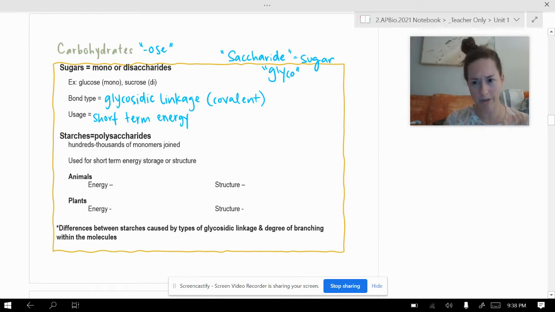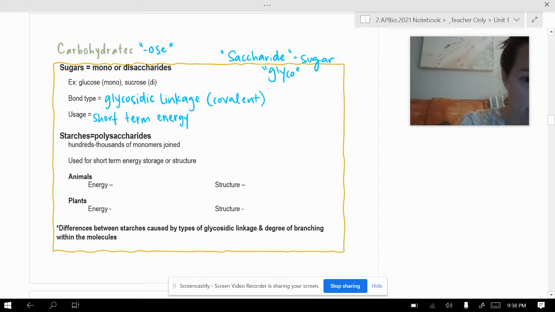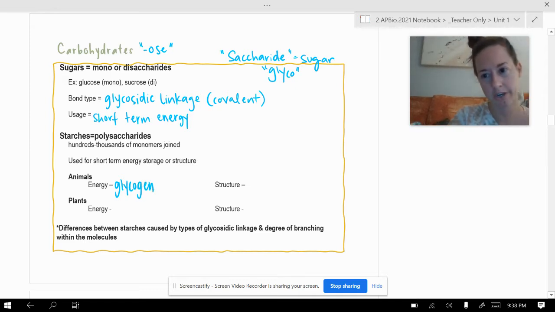So it's still a pretty short term when we're thinking about energy and being sustained. So for animals, our storage starch is called glycogen. That's an example of one sugar that does not end with O's, but it has glyco. So you should still be like, oh yep, got it, it's a carb. It's stored in your liver.